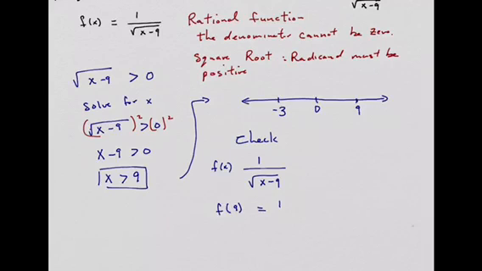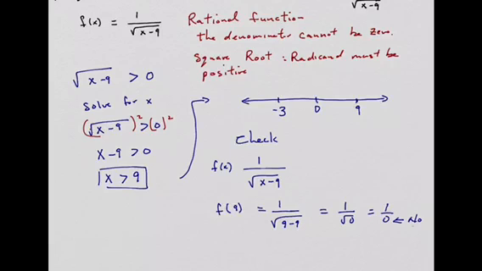Well, f of 9 is 1 over the square root of 9 minus 9, which is 1 over the square root of 0, which is 1 over 0, and we know that this is undefined. That's why the domain has to be a number greater than 9.